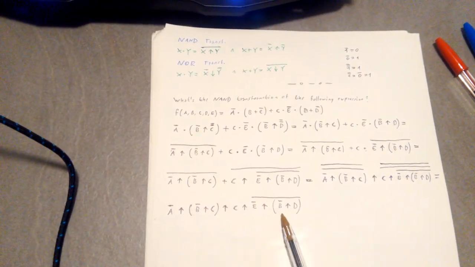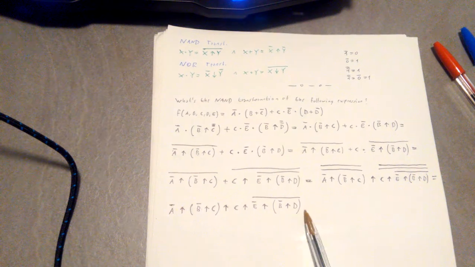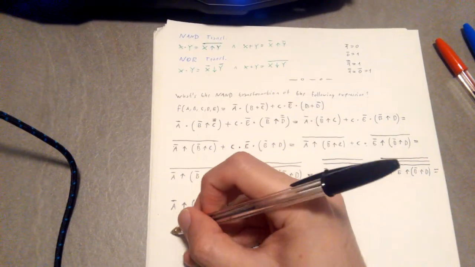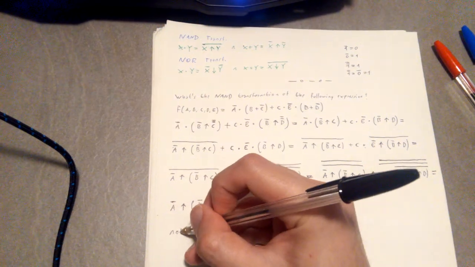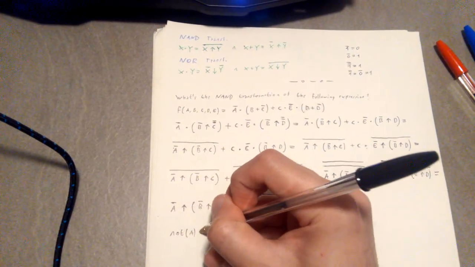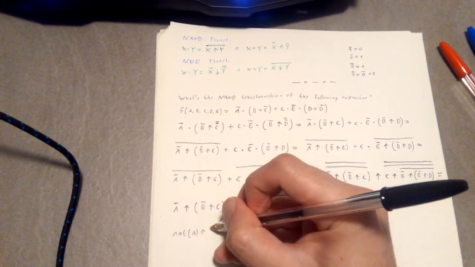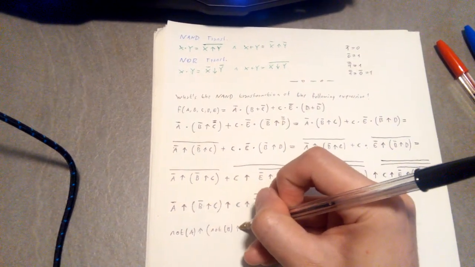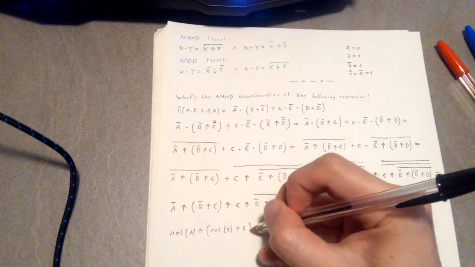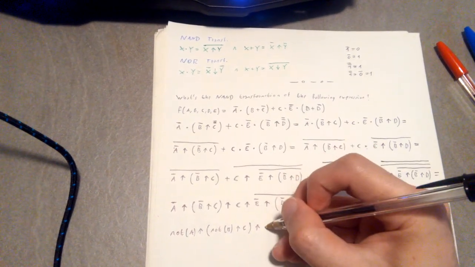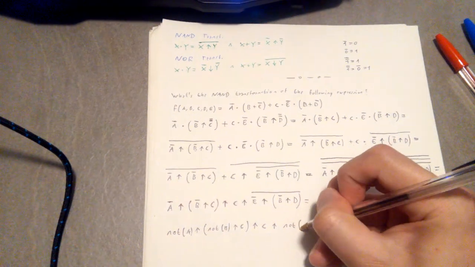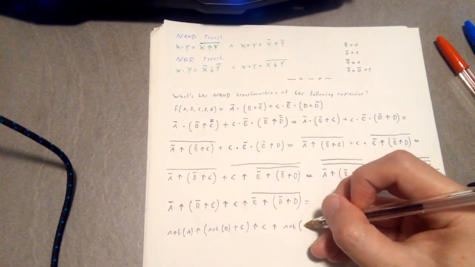So this one is our transformation with all NAND, which we can also rewrite as this: not a with the arrow upward, not b with the arrow upward, c with the arrow upward, c arrow upward, and then with a not, because all of this is going to be negated.